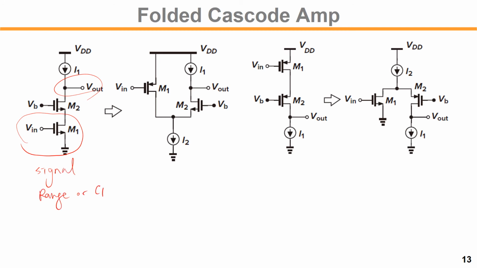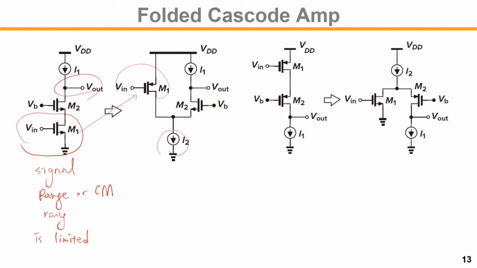It's the common mode range, right? Range is limited. If you want to have a different range of the input you want to take in, you can fold your amplifier structure as shown on the right here. So you put a current source there and the NMOS changed to PMOS.